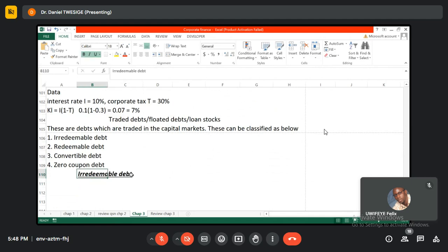Now, before we talk about this, sorry, let me first talk about some of the key terms used in debt financing.